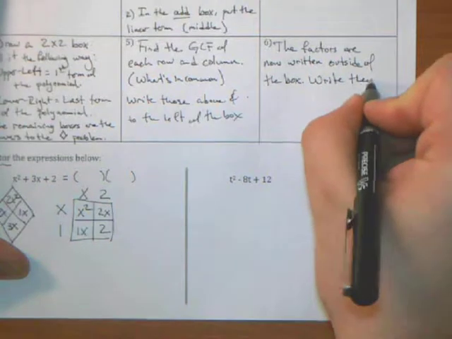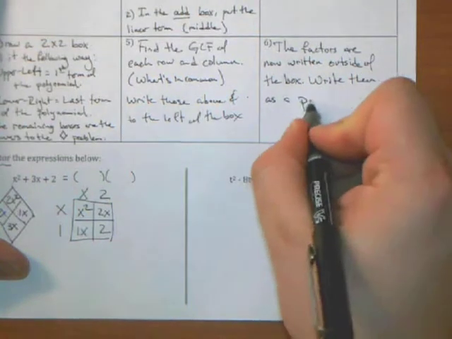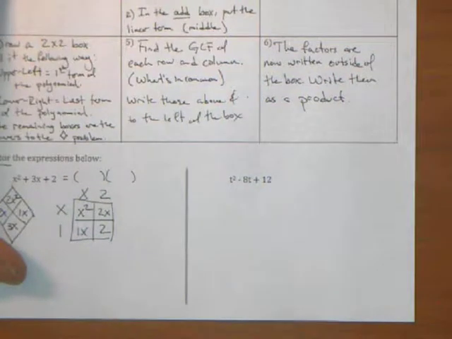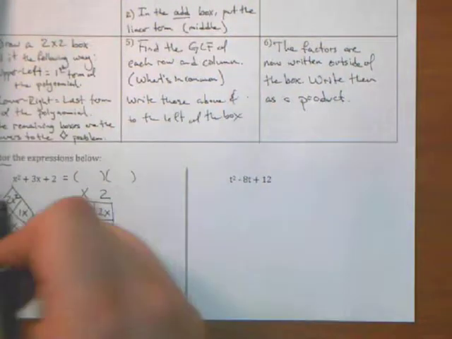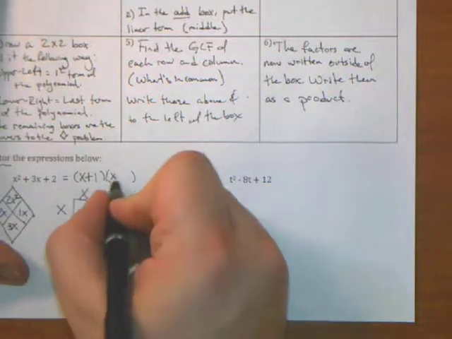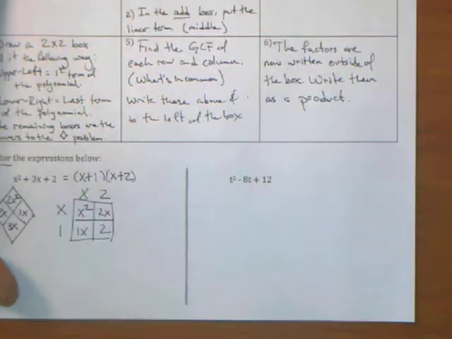Write them as a product, being multiplied together. So my final answer for this factorization should be x and a positive 1, x and a positive 2.